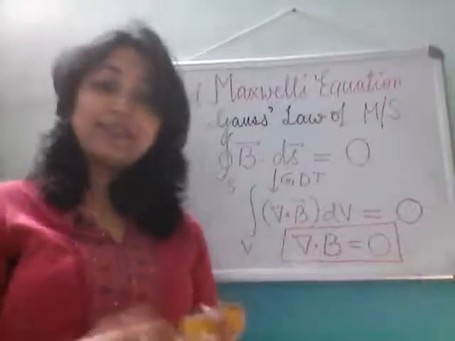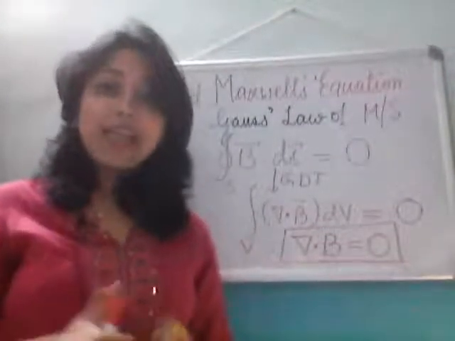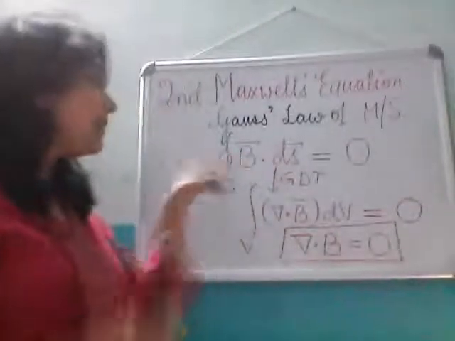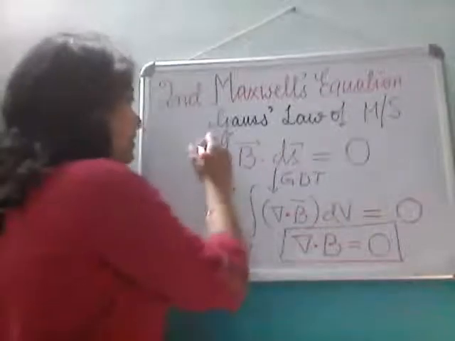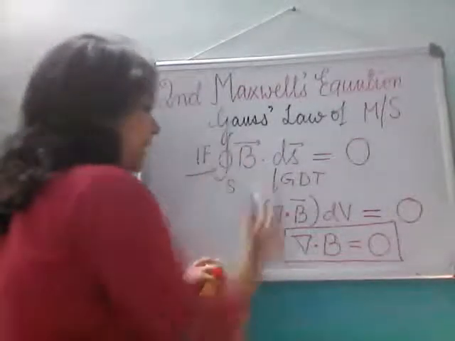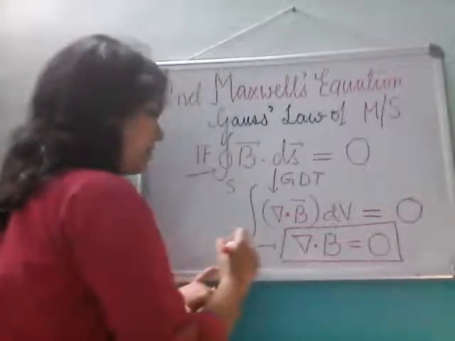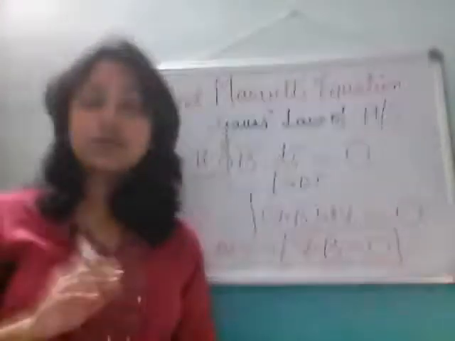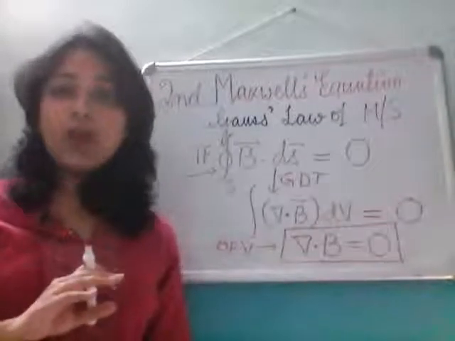Divergence of the magnetic field is 0. And this essentially is nothing but the differential form. This was our integral form, and this is our differential form. So I hope this is understood by all of you. Yusuf, could you now understand?